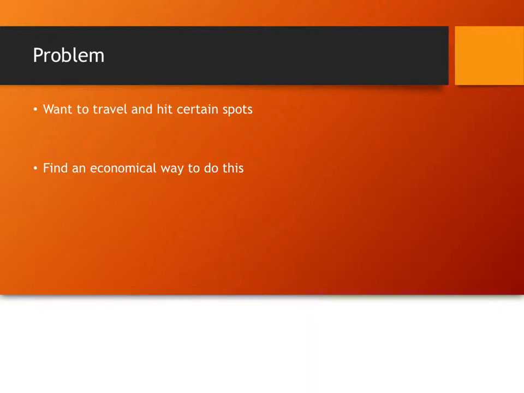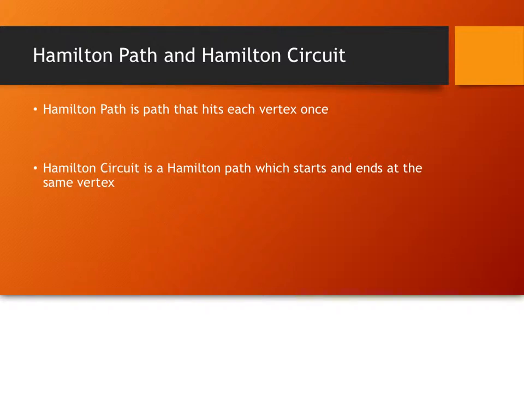So you don't want to do a lot of backtracking. You don't want to go over the same places that you've done. If there's two neighbors, you want to hit them fairly close. So the way this is translated into graph theory is by what's called a Hamiltonian path or Hamiltonian circuit.